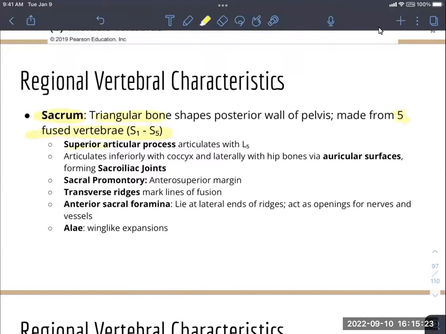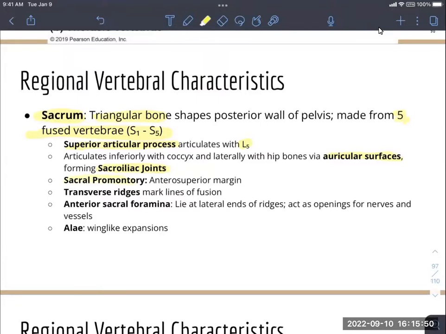They have a superior articular process. That's what articulates with L5, the last lumbar vertebrae. They have articular surfaces that actually form that sacroiliac joint. If you've ever heard of that, that's where the sacrum and the ilium bones or your hip bones attach. They form a joint there.